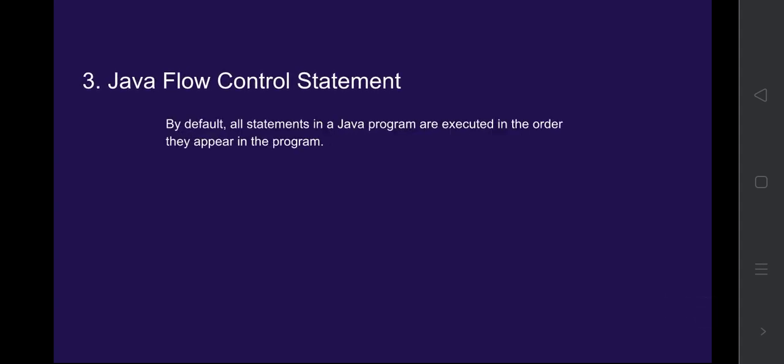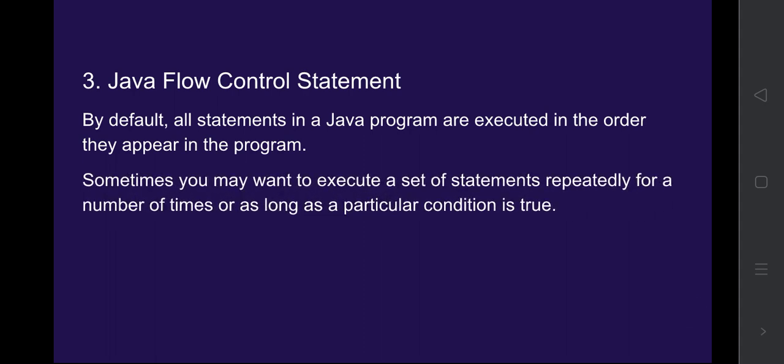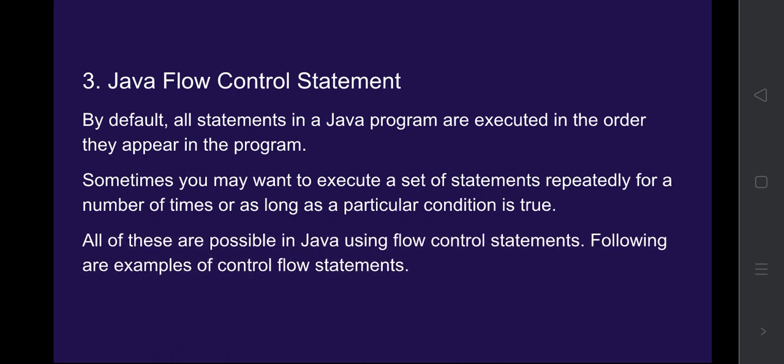Okay, so here by default, all statements in a Java program are executed in the order they appear in the program. And sometimes if we want to execute a set of statements repeatedly for a number of times, or as long as a particular condition is true, we use the control statement. All of these are possible in Java using the flow control statements.